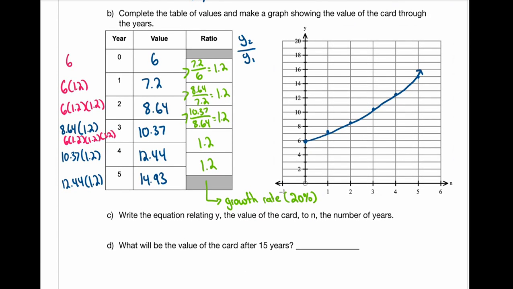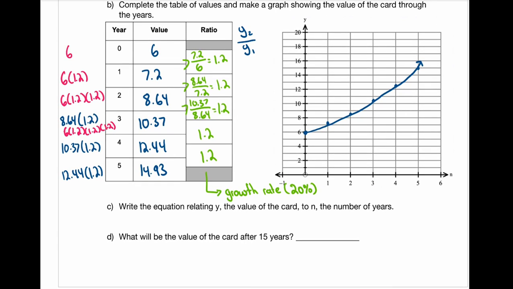Part C wants me to come up with an equation relating y, the value of the card, to n, the number of years. So I have to think about what math I have been doing. Well, y is going to equal, I know the original value was 6. And to figure out how much it'd be worth after 1 year, I multiplied it by 1 plus 0.20, or that growth rate, and then I did it to the power of n, or the number of years.